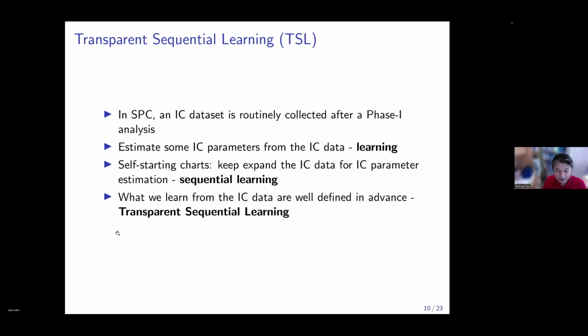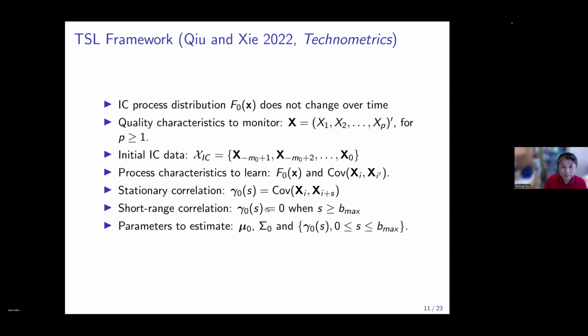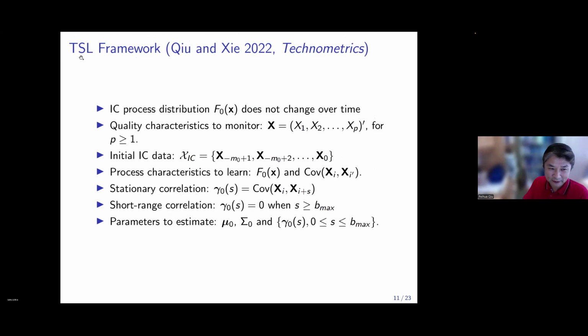So that's the concept of transparent sequential learning. In this specific paper in Technometrics, we generalized the self-starting control chart to make it more general under this transparent sequential learning framework. That's my own terminology. Actually, I spent several years coming up with this terminology.